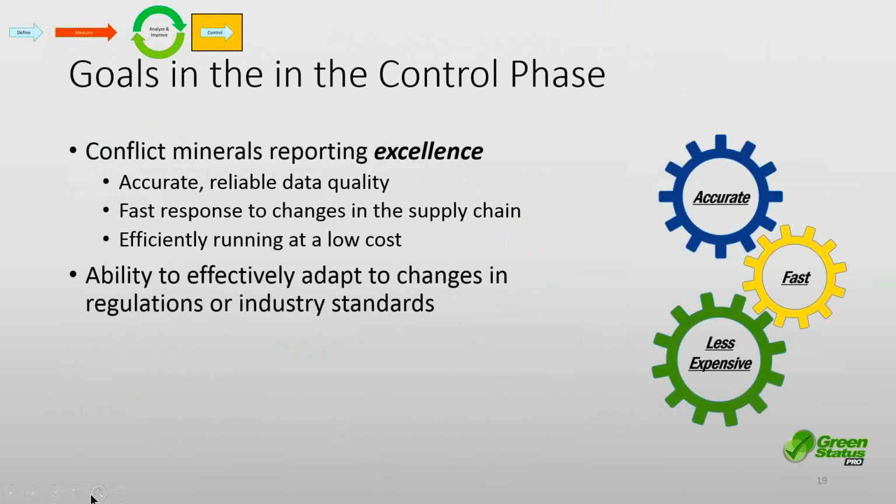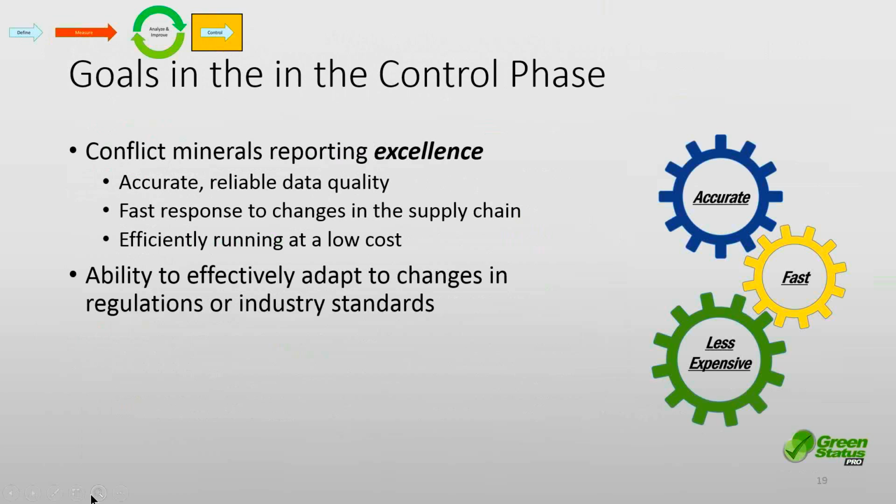And eventually, the end goal is getting to a control phase where you have conflict minerals reporting excellence. You want to be able to deliver accurate reports, respond quickly to customer requests and changes that your suppliers make to their supply chain, and all run at a low resource bandwidth.